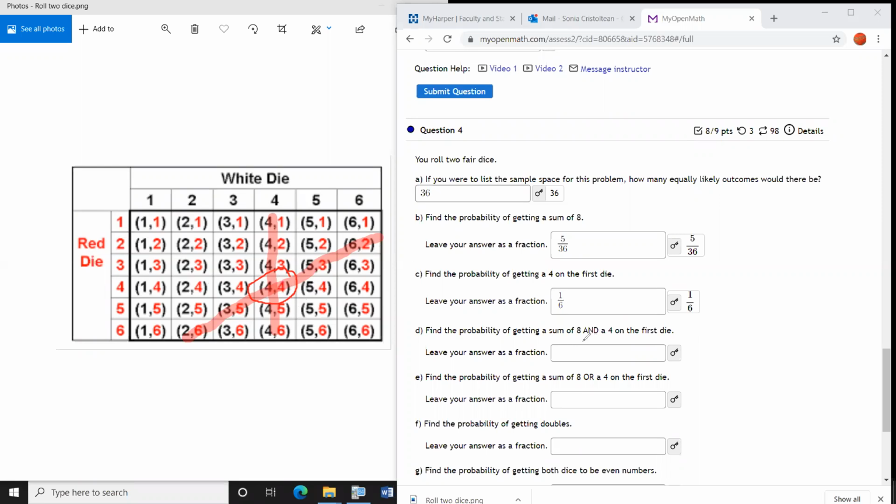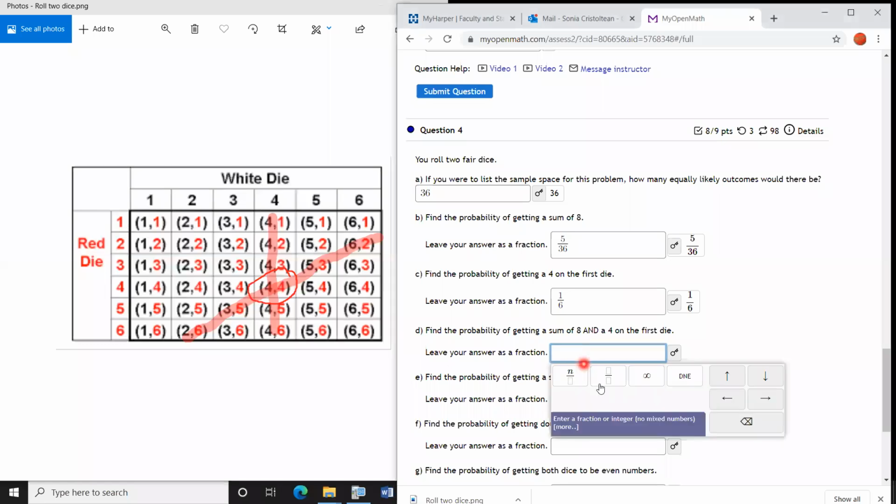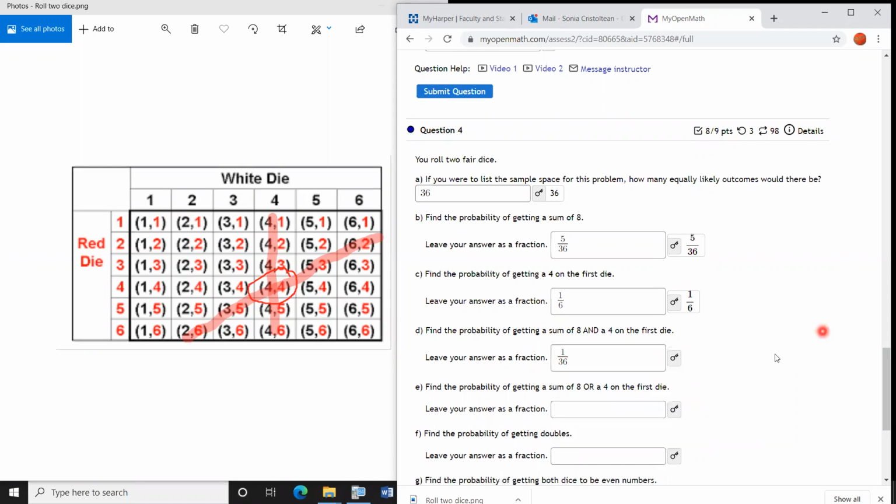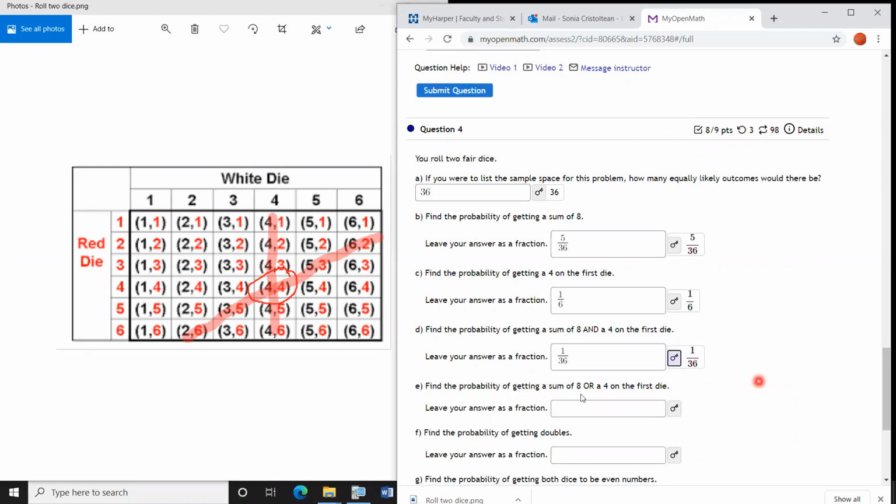Okay, so we don't really have to apply the rules because with tables, it's a lot easier just to look at the overlapping part. And that is what we should write down for the answer. Only 1 satisfies both requirements out of the total number of 36. And I check the answer. And yes, that was the correct answer.